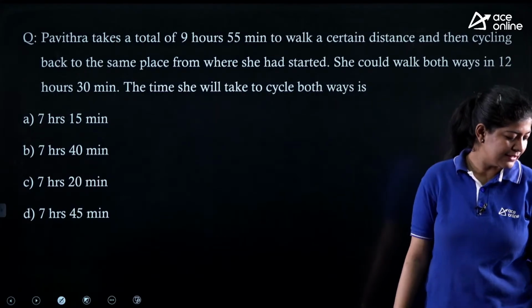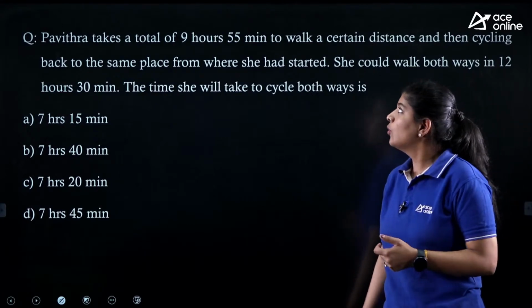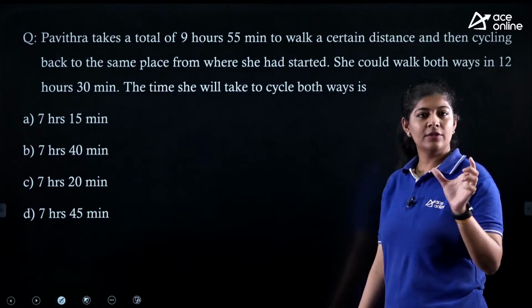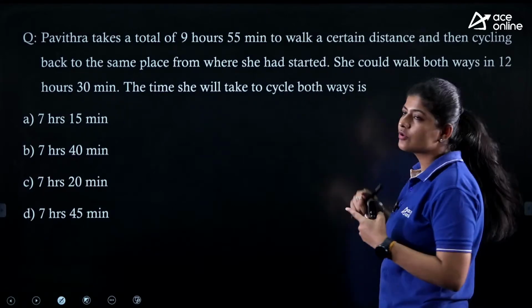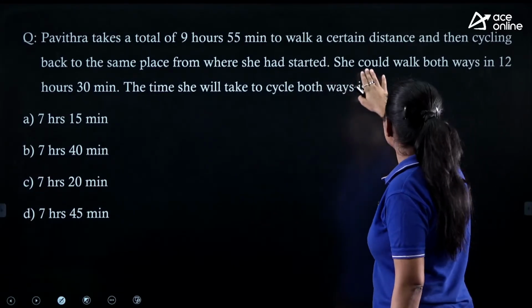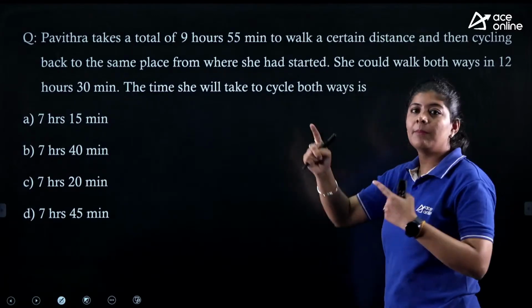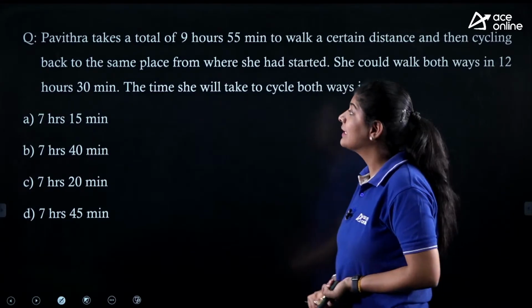So basically here the question is trying to say that we have one person who is walking for a total of 9 hours and 55 minutes, and after that she is cycling back to reach the same initial point. Now, if she walks both ways, the time taken by her is 12 hours and 30 minutes.